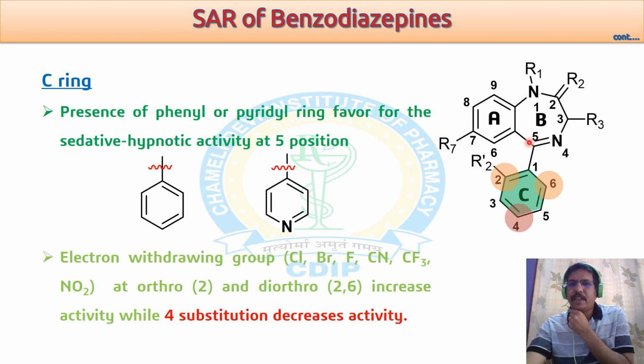Next is the 5th position, where we go for modifications by means of a phenyl ring system or aromatic system.